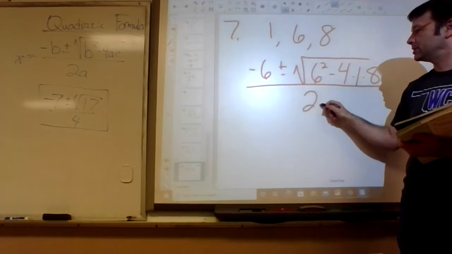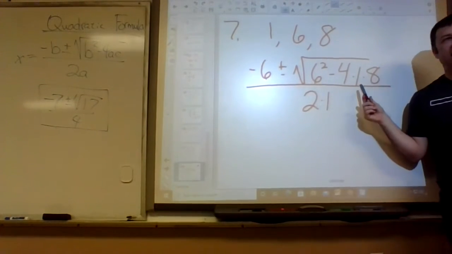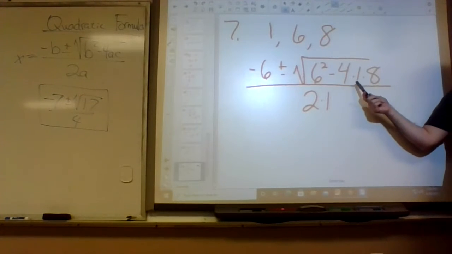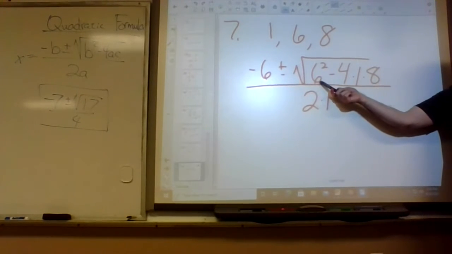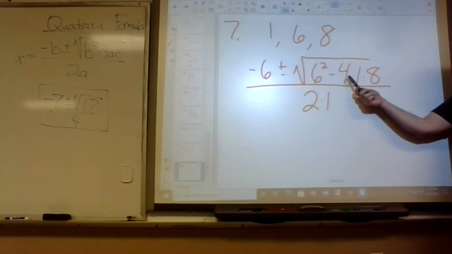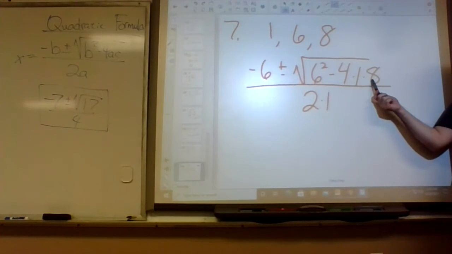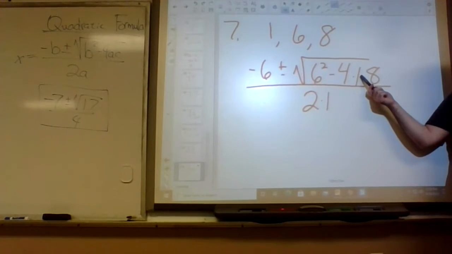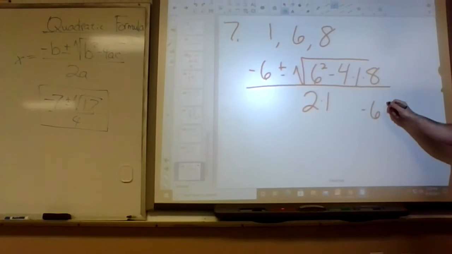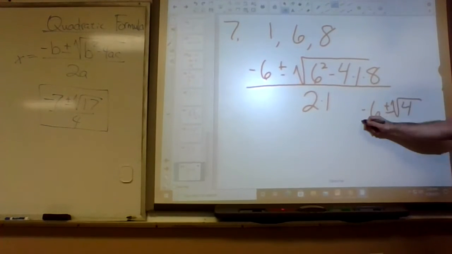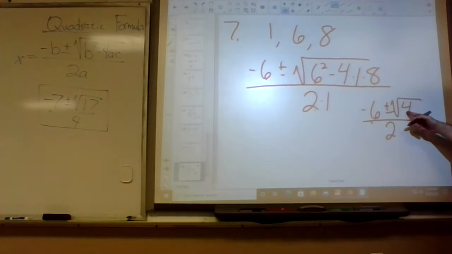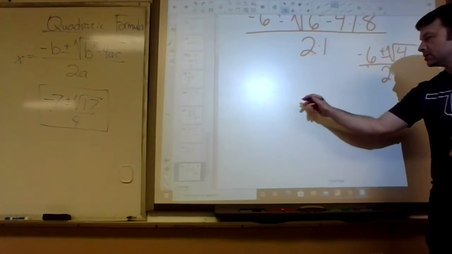2 times 1. As we get better at this, we can skip some of these steps. Instead of writing down 6 squared, I could have just written 36. Instead of writing 4 times 1 times 8, 32. What is 36 minus 32? 4. So it's negative 6 plus or minus the square root of 4, over 2. The square root of 4 is 2.